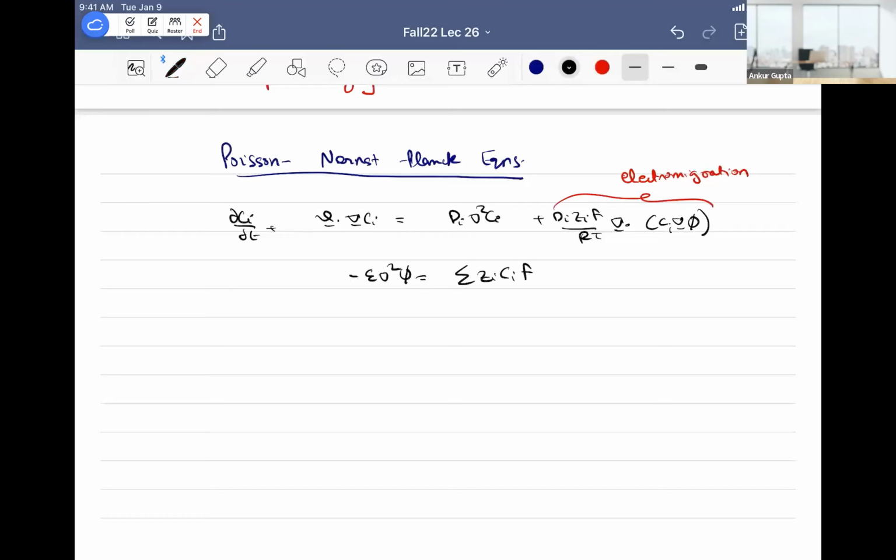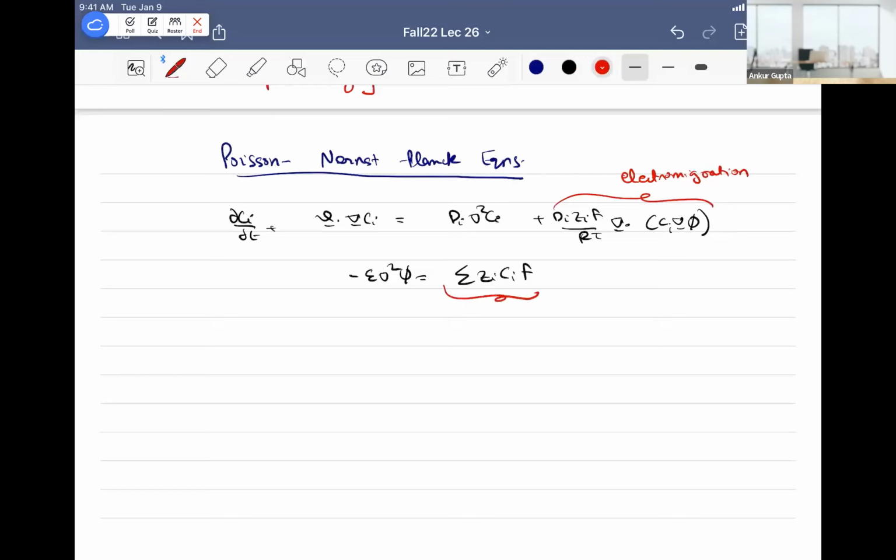Great question. The question is, would this term be zero for sodium chloride, because the charge is equal and opposite and the concentration is the same? The answer is yes, but only if it is in bulk. If I put a positively charged surface in the system, all the chloride ions will get attracted to it, and the sodium ions will get rejected.